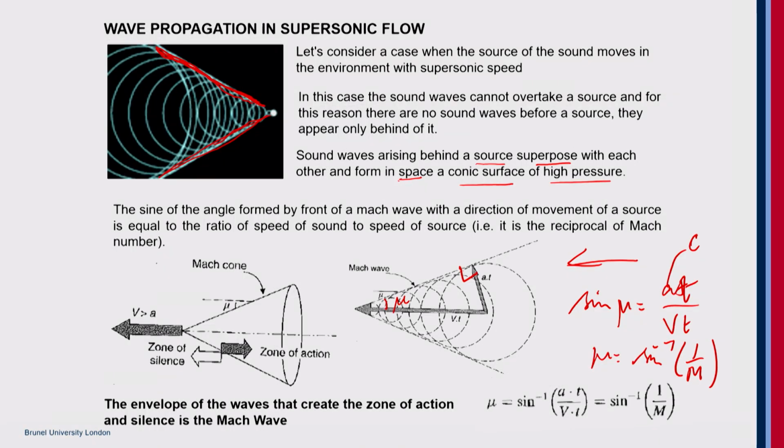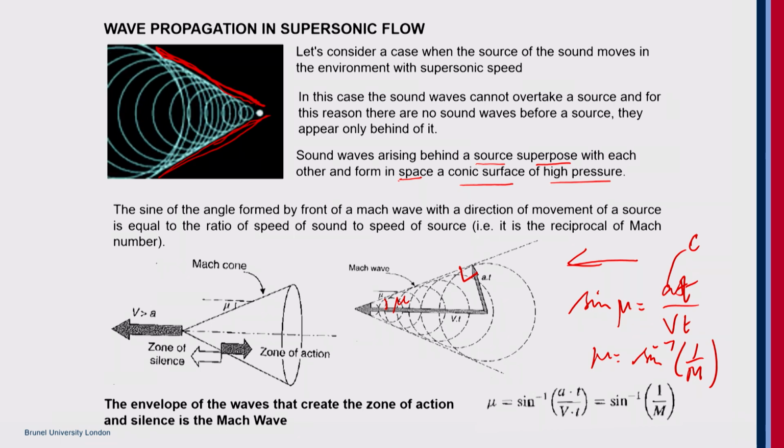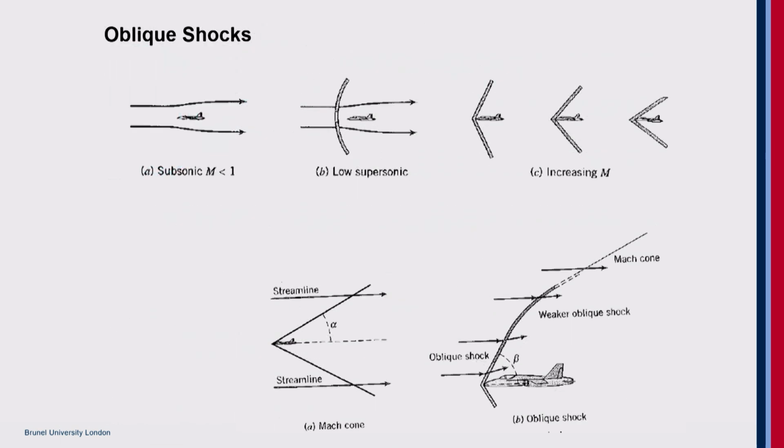Here you see that at subsonic speeds, no shock is formed. At low supersonic speeds, you start the initiation of the shock, which could be like that of a normal or a bow shock.